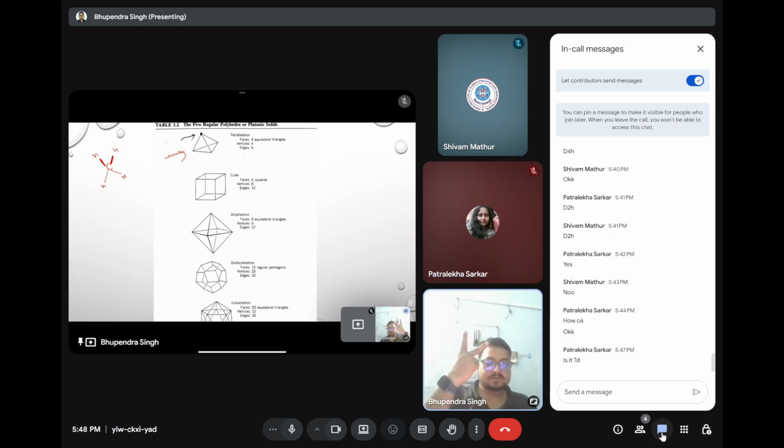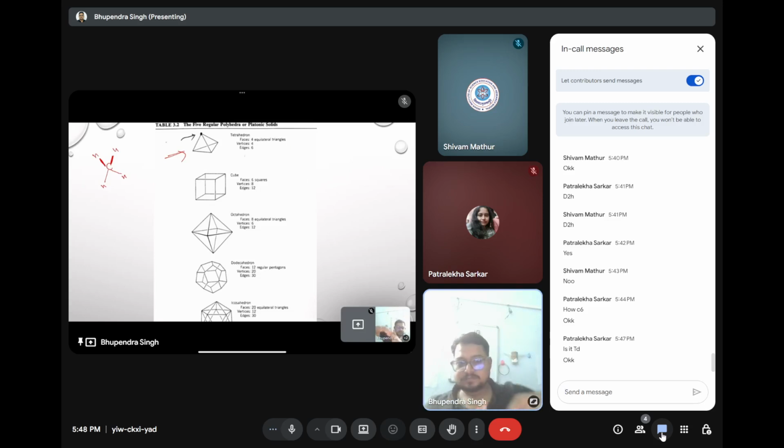Two H like this one, and two H like this. So this is definitely not tetrahedral.